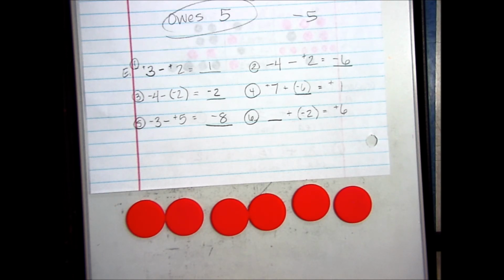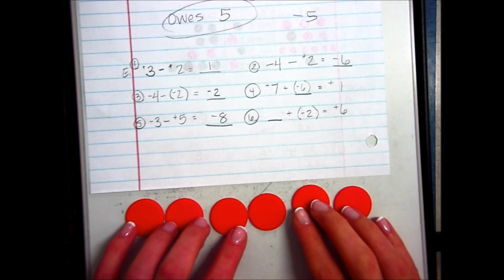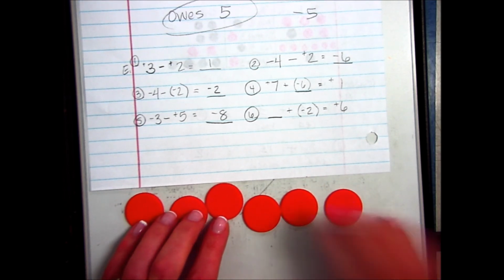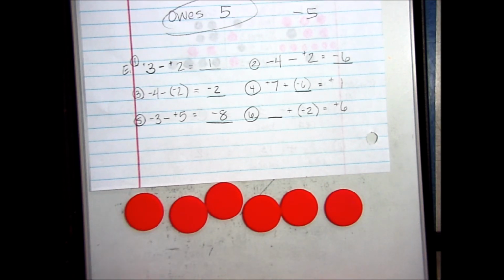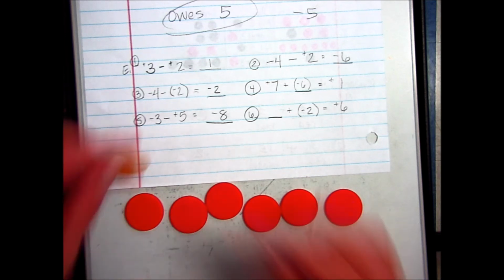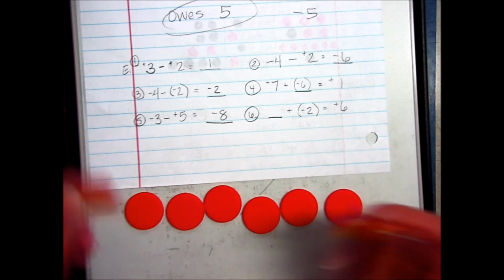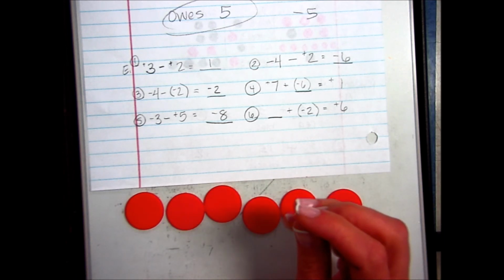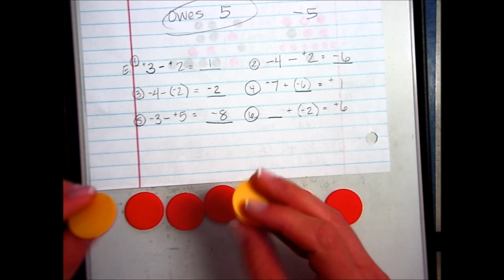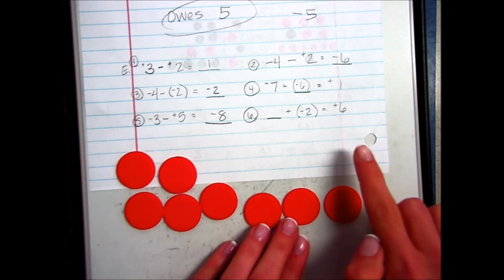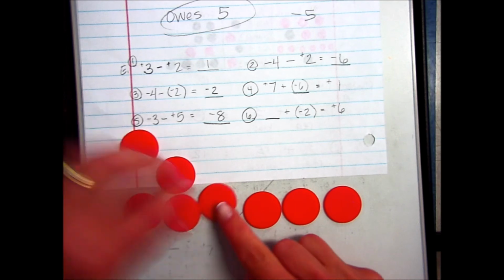It is 8. Okay, let's work through this. Here we go. All right, we're starting with our answer, and it said we were going to have to take away 2. Hold on, adding 2 negative, 2 red. There. So, wait. That says 6 positive.